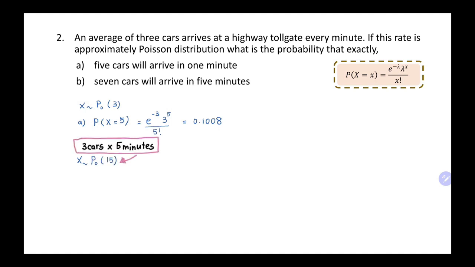The question asks to find 7 cars. So we find P(X = 7). Then we substitute into the formula, e^(-15) 15^7 divided by 7 factorial. Then we solve. We get answer 0.0104.